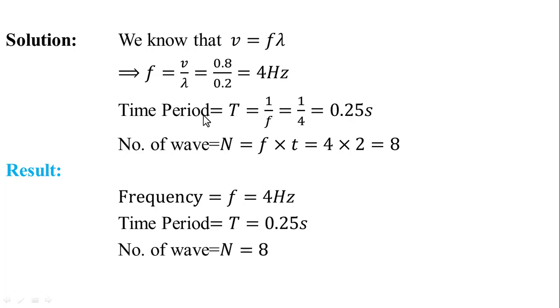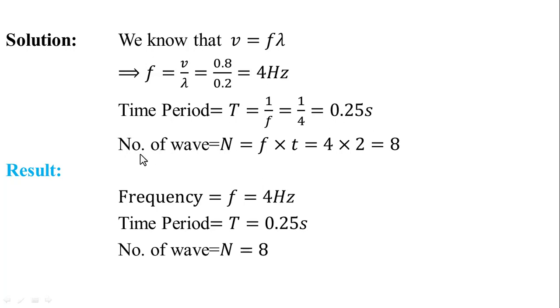Now the time period is the reciprocal of frequency. So capital T is equal to 1 upon f, that is equal to 1 upon 4. Now 1 divided by 4 is equal to 0.25 seconds.